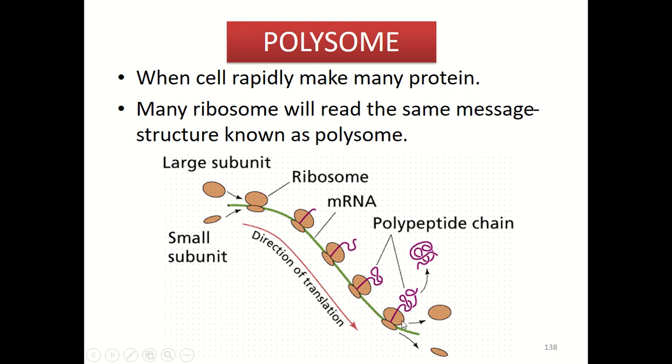It's like we go to photostat one picture, and then the picture will be photostatted on the next machine, and then on the next machine. If we have 1, 2, 3, 4, 5 machines, then we will produce 5 copies of the picture that we have. Okay, and this structure is known as a polysome.